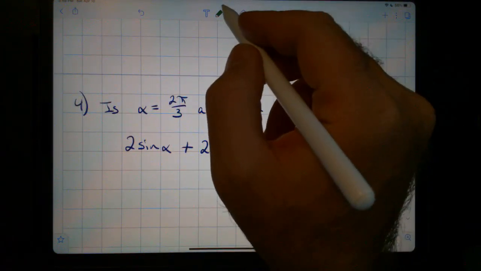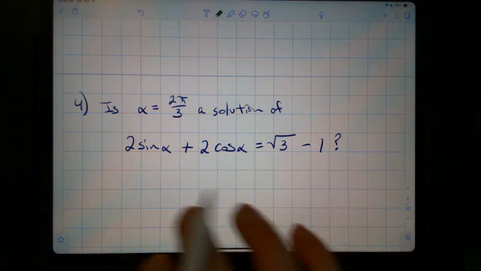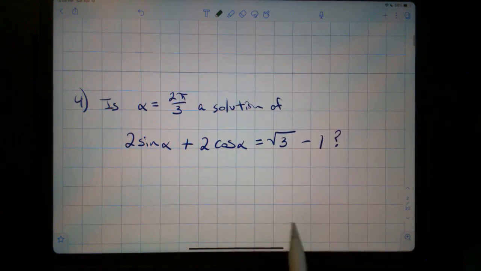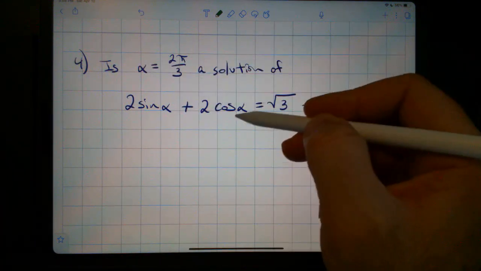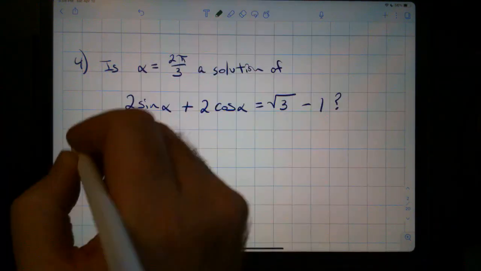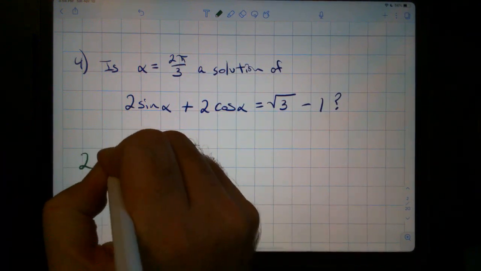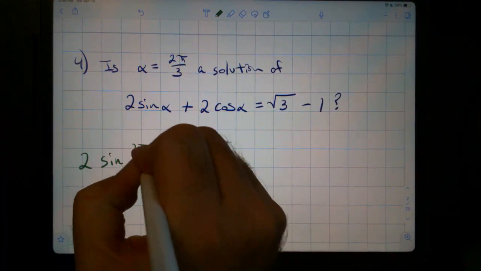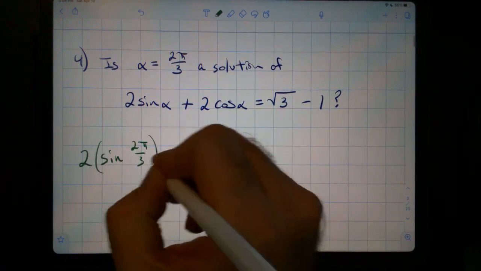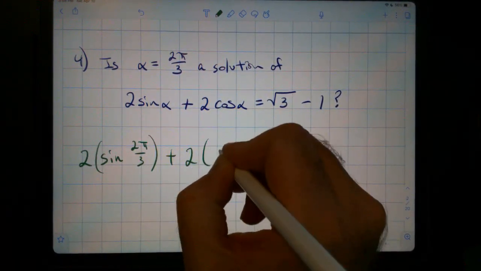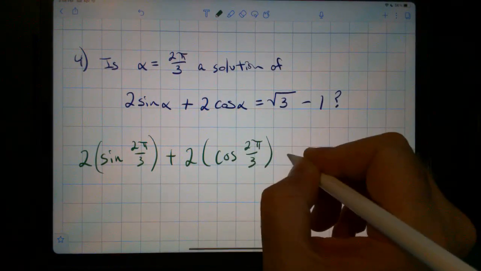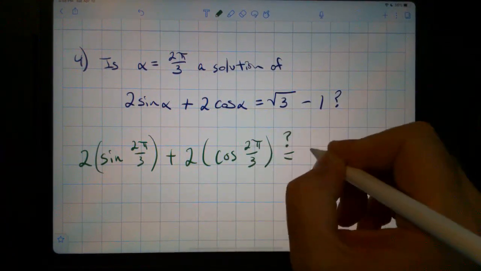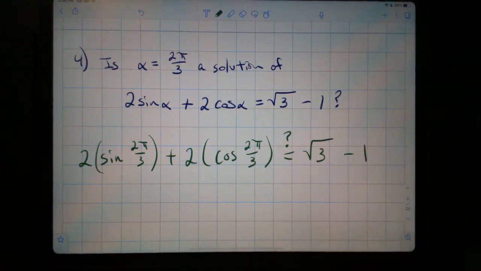Is alpha equal 2 pi over 3 a solution of this equation? Okay, so substitute the alpha with the 2 pi over 3. We are asking ourselves if this is a true statement.